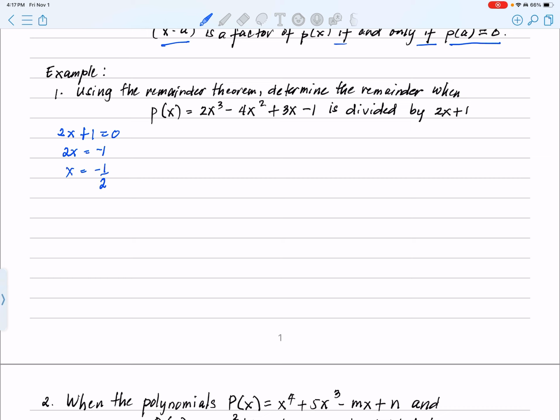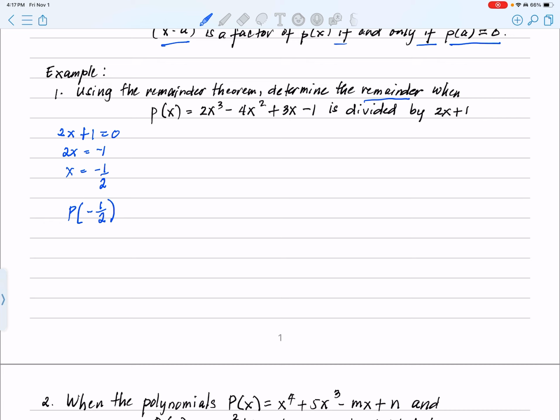Remember that by finding the remainder, we don't need to use long division or synthetic division, but we're going to use the remainder theorem. Okay? So by the remainder theorem, p of negative 1/2 is the remainder when p of x is divided by 2x plus 1.